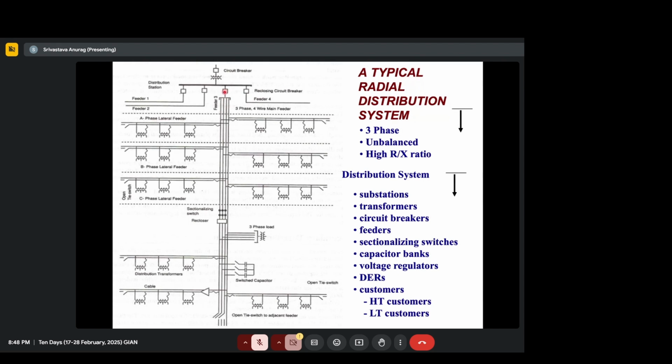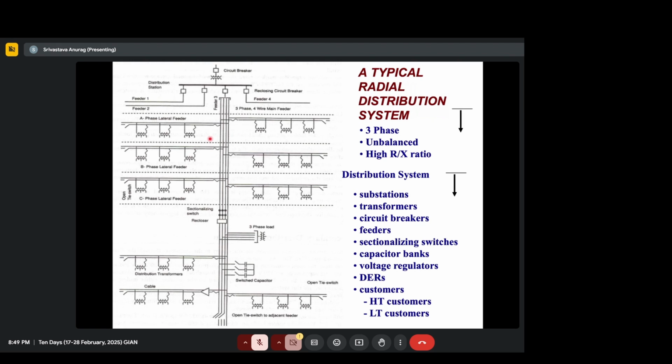The feeders will all be similar, but one of the feeders could be a 4-wire system or a 3-wire system. If it's a 4-wire, it will have 3 phases and neutral. These 3 phases and neutral will go into different parts of the town. Two-phase or single-phase will typically feed houses, while 3-phase will feed the industrial load.